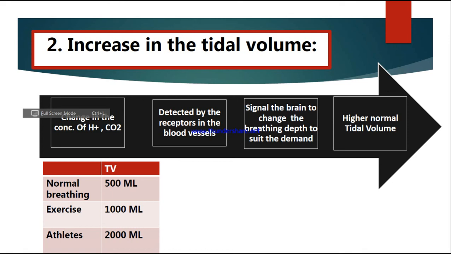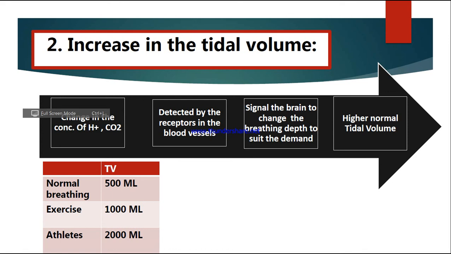So the normal tidal volume in athletes is also more than 500 ml. In athletes the tidal volume can go to a maximum of 2000 ml, that is beyond the normal individual's exercise capacity.